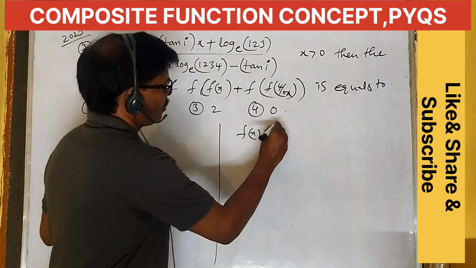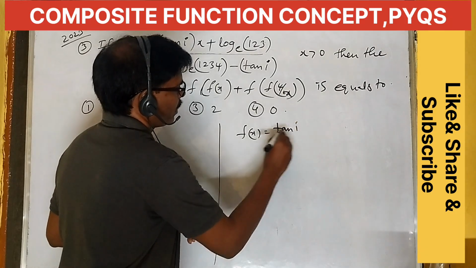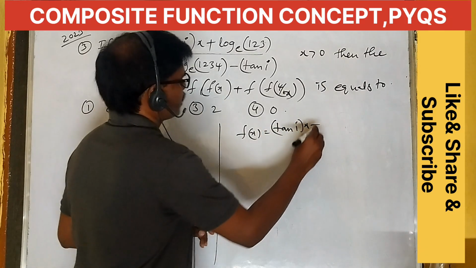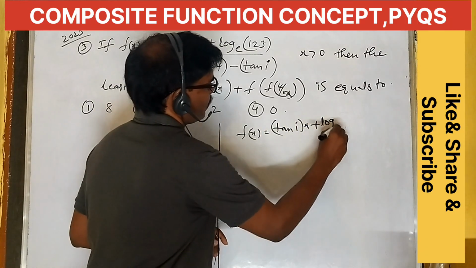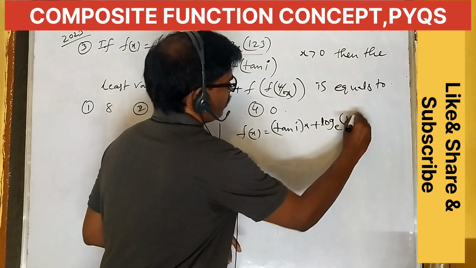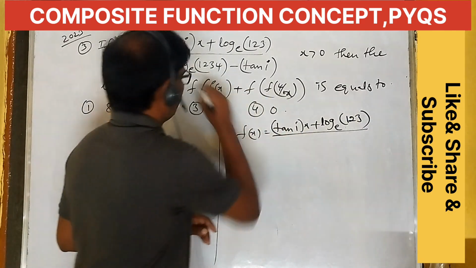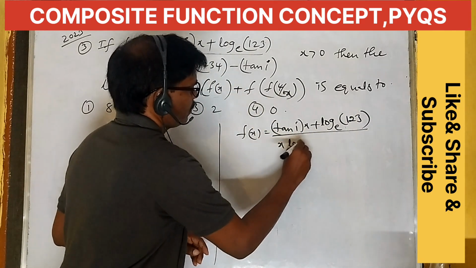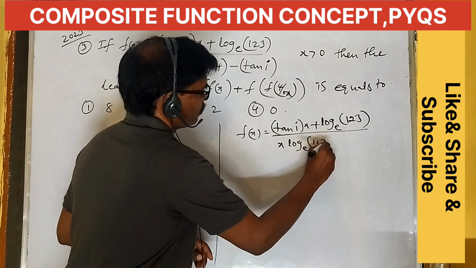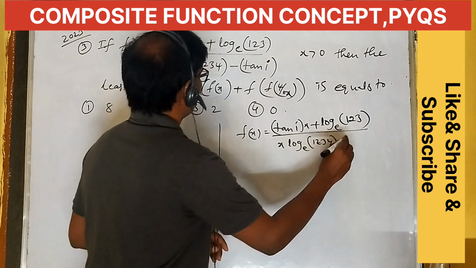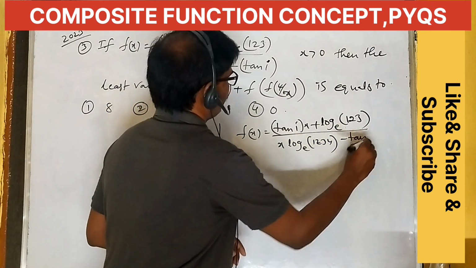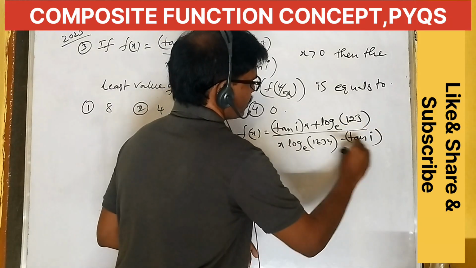f of x is equal to tan 1 degree of x plus log base e 1 2 3 by x into log base e 1 2 3 4 minus log tan 1 degree.